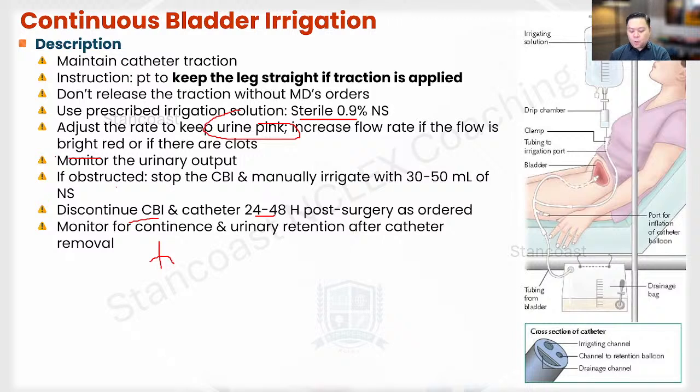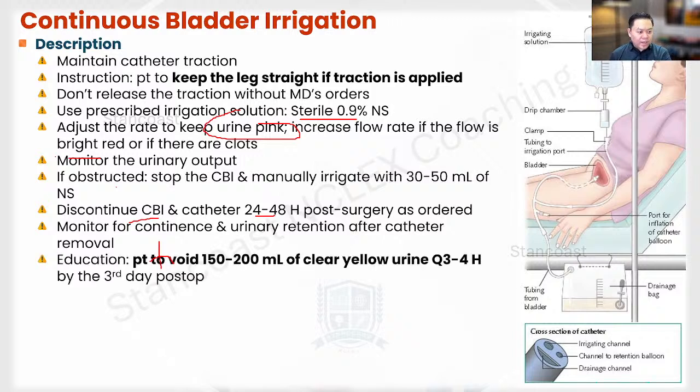Okay, so let's proceed here with our patient education. So part of the care here is to ask the patient to void about 150 to 200 mLs of clear yellow urine every 3 to 4 hours by the third day post-op. Goals, right? Every 3 to 4 hours, ask your patient to urinate at least 150 to 200 mLs of clear yellow urine.